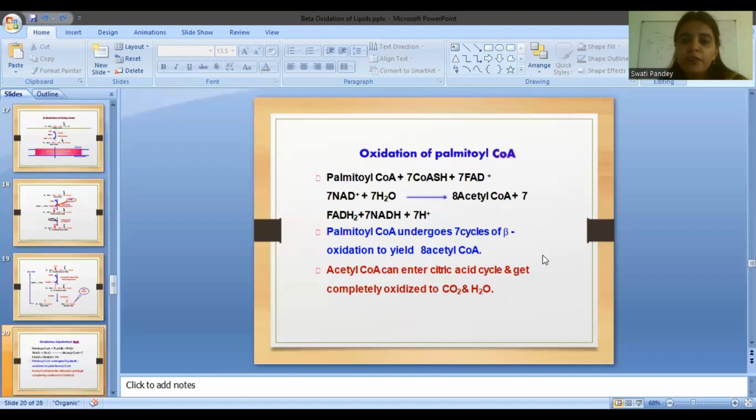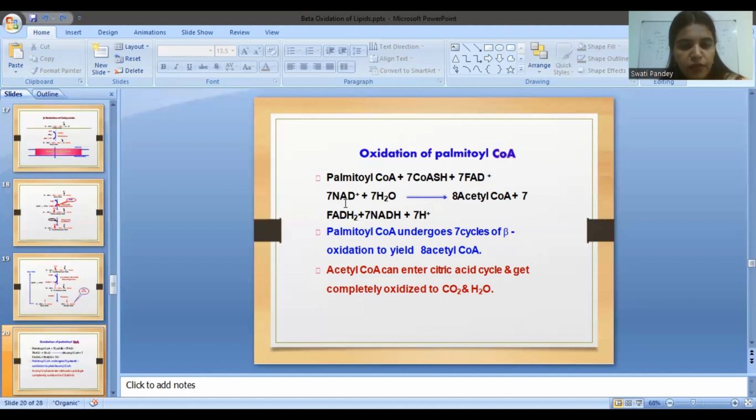So if we consider oxidation of palmitoyl coenzyme A, it requires 7 coenzyme A plus 7 molecules of FAD and 7 molecules of NAD. As I already told you, palmitoyl coenzyme A is a 16 carbon fatty acid, a 16 carbon chain.